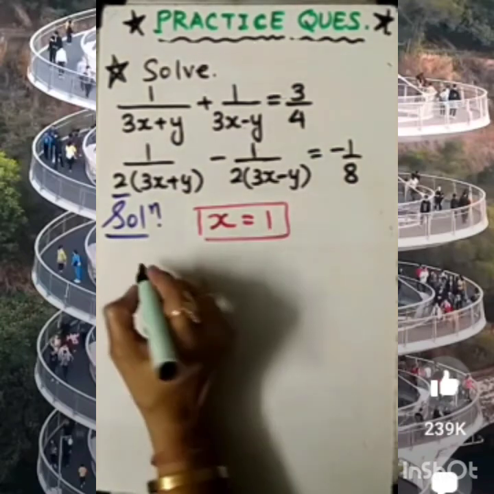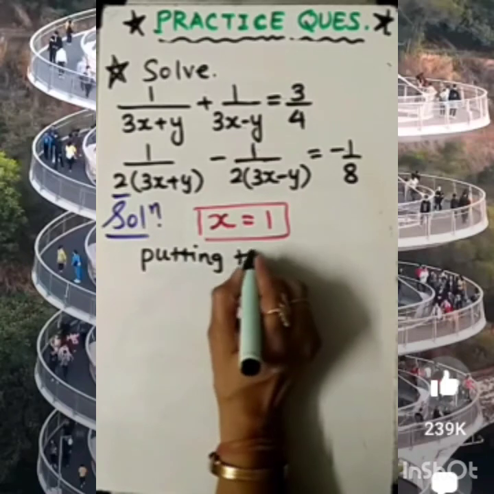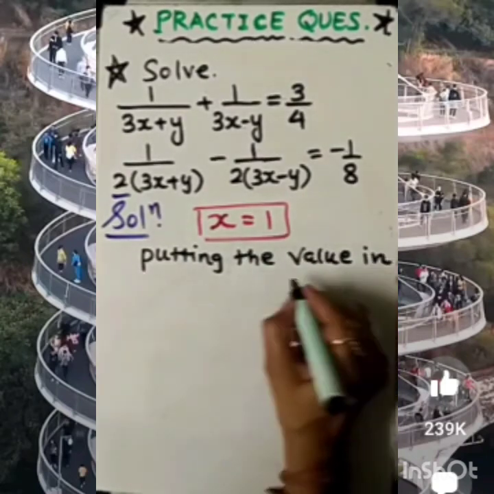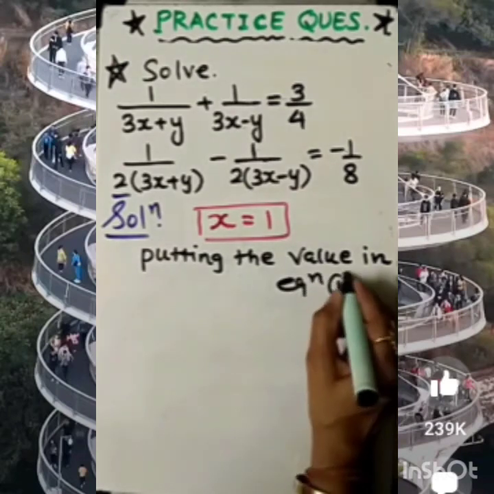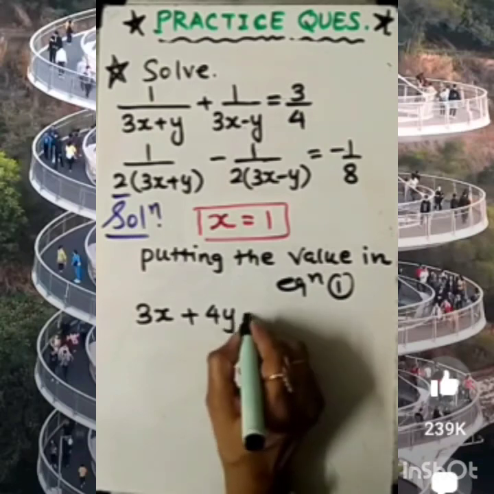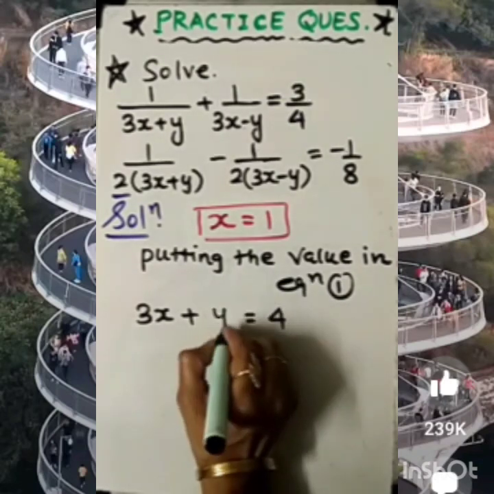x equal to 1. Now putting this value in equation number 3. The equation was 3x plus y equal to 4.